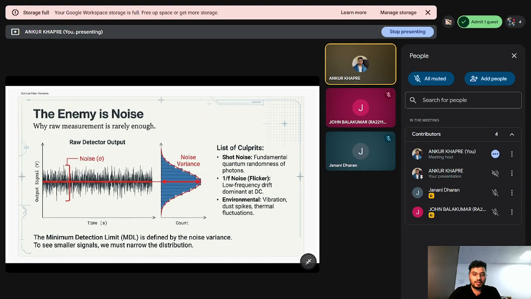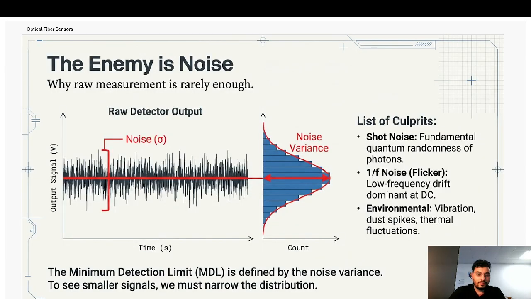So here we can see how the noise can be reduced. First, given here is the histogram for this noise pattern.